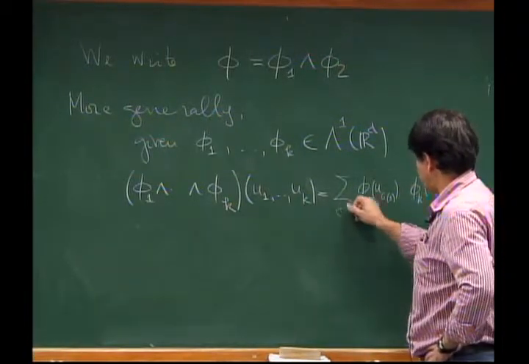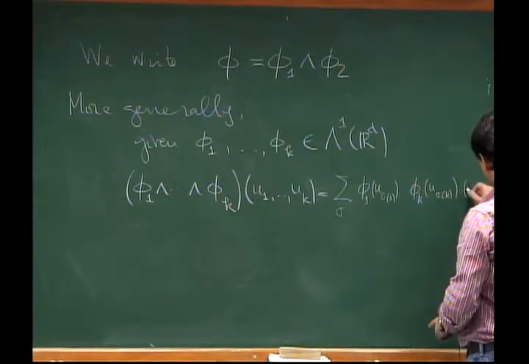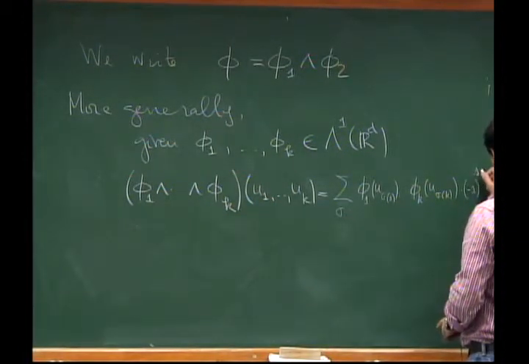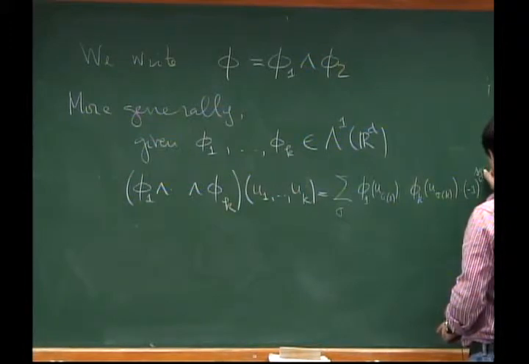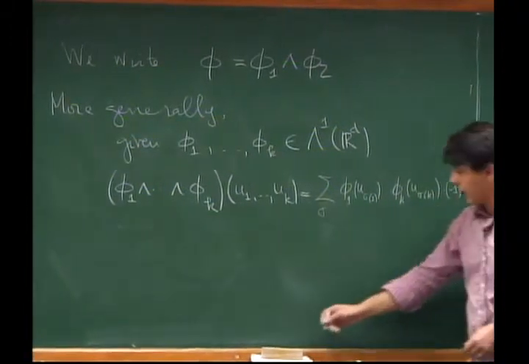The sum is over all permutations, and you multiply by minus 1 to the sign, the parity of the permutation. Okay? So this is a special element of lambda k.